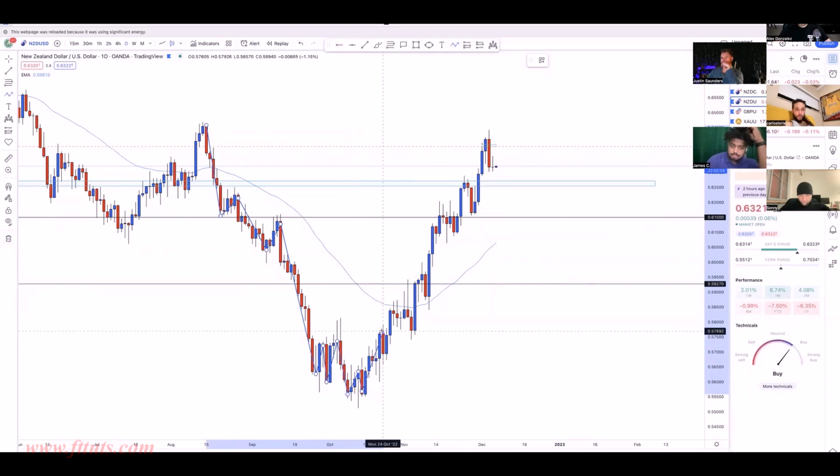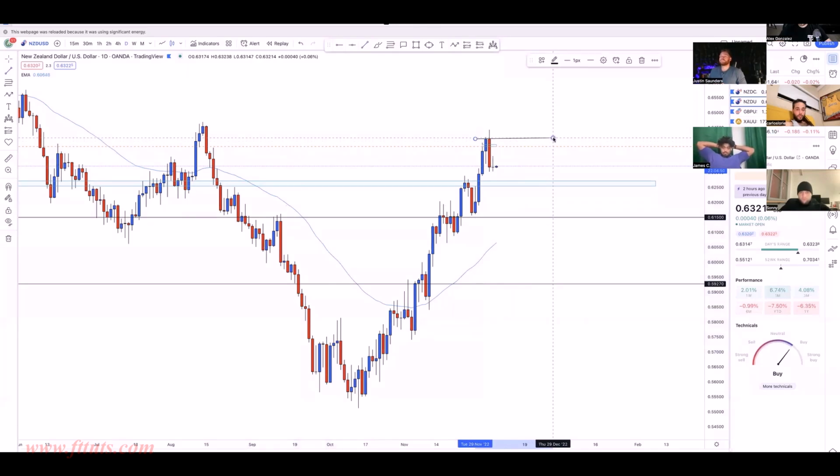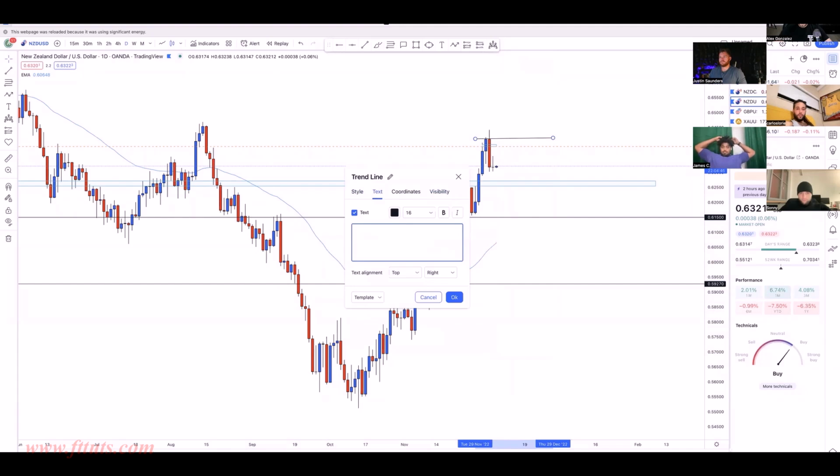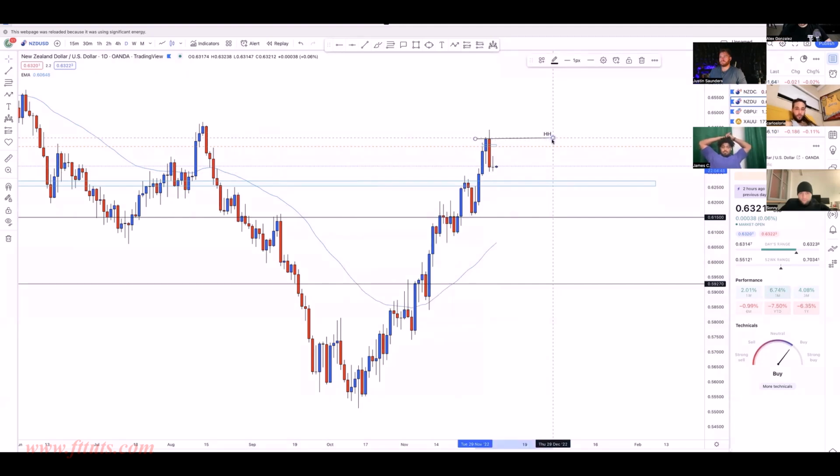All of this is simply market structure. We have higher low, higher high, higher low, higher high, higher low, and higher high. So this would be our higher high. So let's make this higher high.